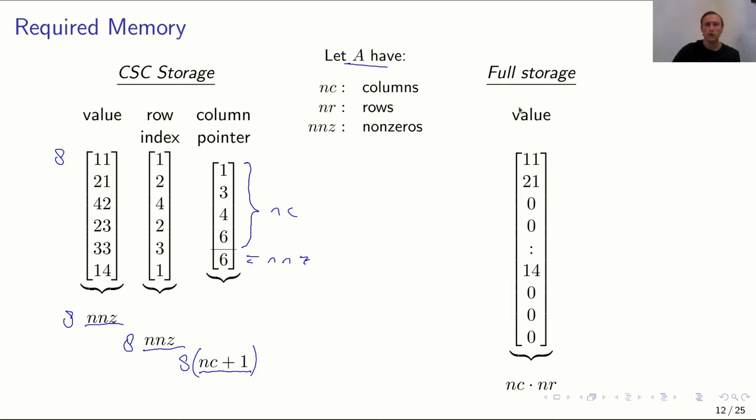Now, if we compare this to the full storage, we note that in the full storage, we only store one array, namely the values. However, in this case, we also store the zero values, and these zero values are going to cost the same 8 bytes of data that the non-zero values are going to cost us. Meaning that it's going to cost us 8 times NC times NR bytes of data to store this object in full manner.